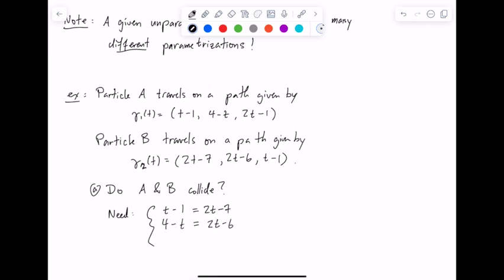The y coordinates are equal, and also the z components must be equal. Now let's say we just take this first equation. Solving it tells us that t must be equal to 6.